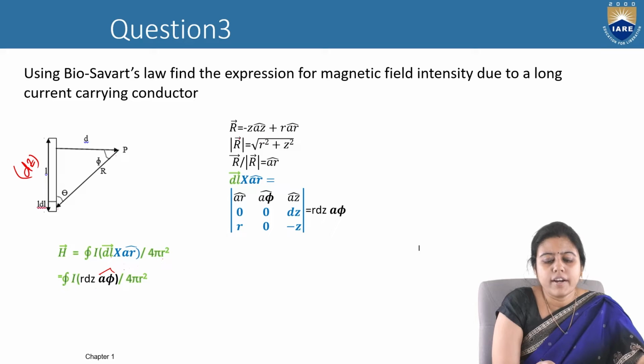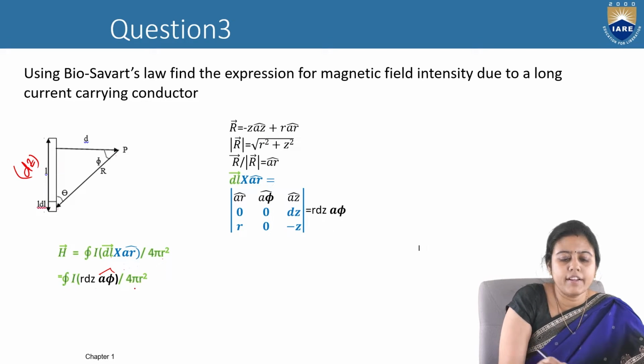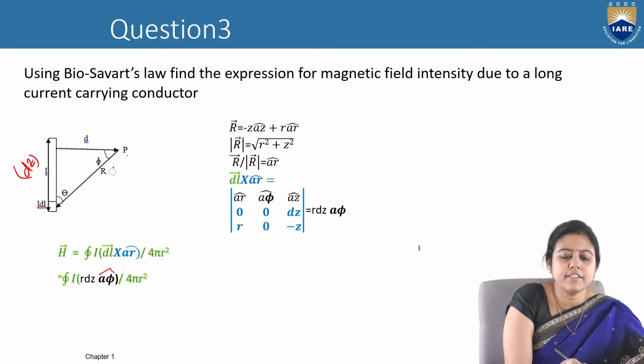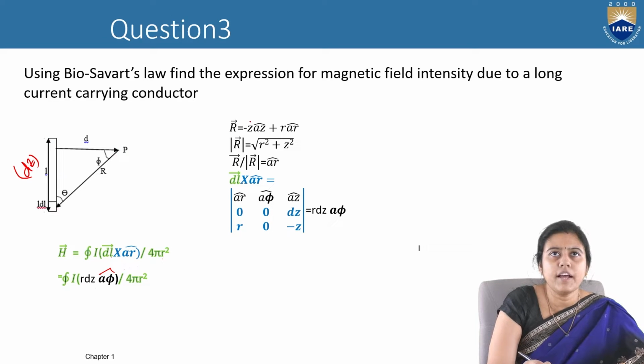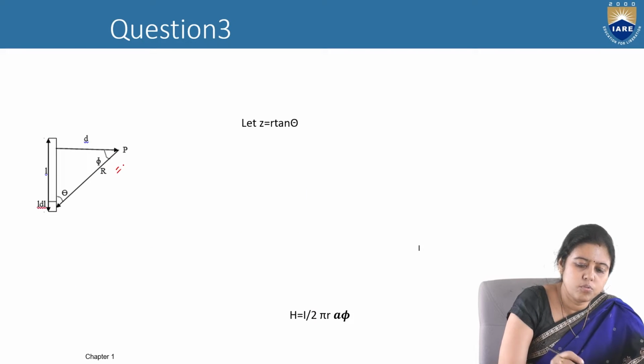So what is capital R? How are we getting this equation? First the distance is R, so we have to write the distance in terms of the length and the distance.